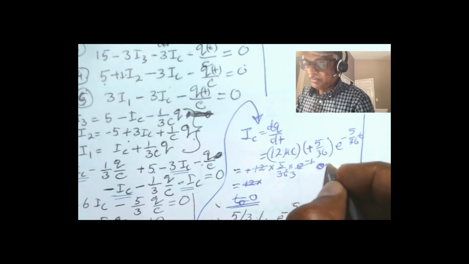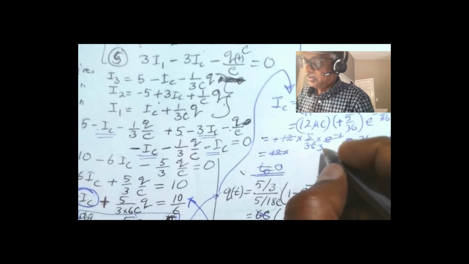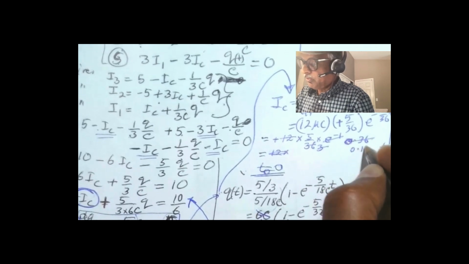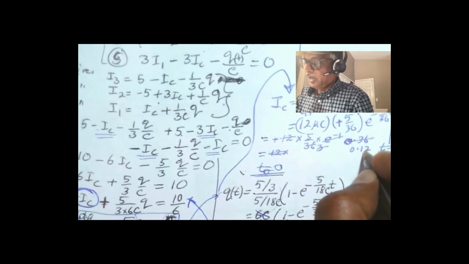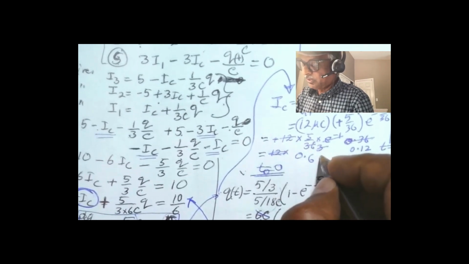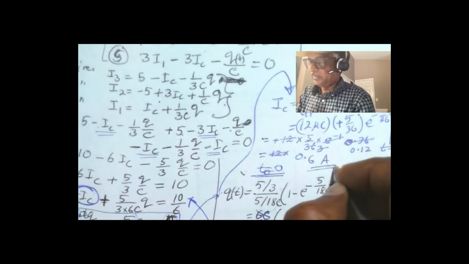I think 0.36 is given, so this makes it 0.12, and that just comes to 0.6, and everything is micro, and microsecond cancels out, and this becomes an amp.